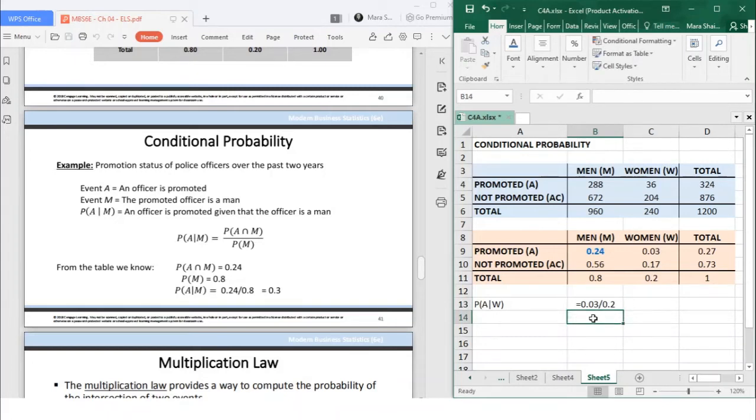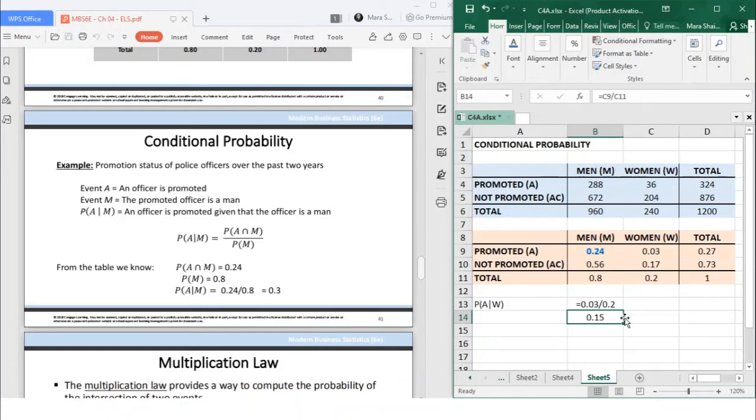So, what we will solve is 0.3 divided by 0.2. So, women only have a 15% probability of being promoted if she is a woman.